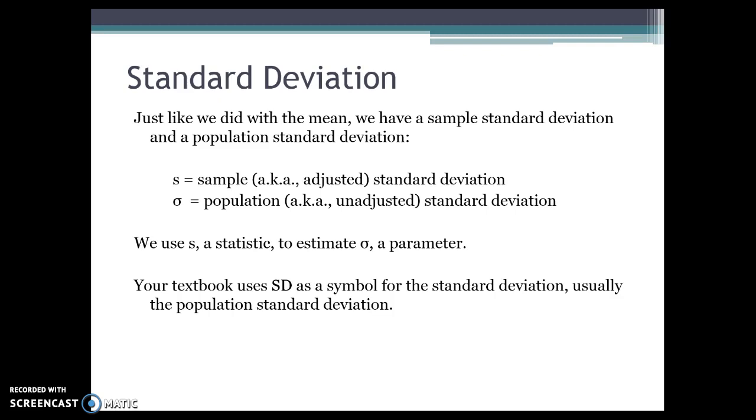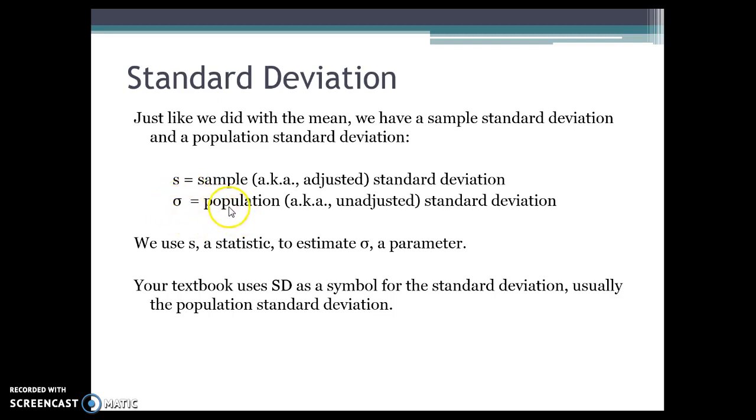I realize this is a little bit confusing, and I kind of wish your book didn't focus on the population standard deviation, but we'll work around it. And I'll try to just be very clear about which one of these formulas I'm asking you to do. Basically, for any of the hand calculations, I'm going to ask you to do the population standard deviation because it's a little bit easier to understand conceptually.